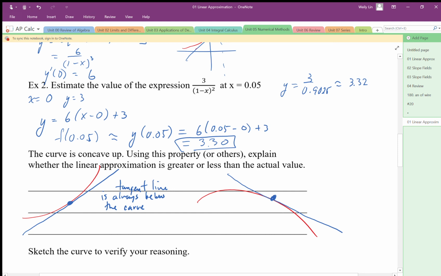So the tangent line is always above the curve. This is when it's concave down, and here it's concave up.